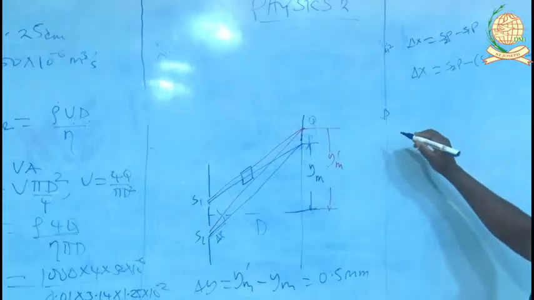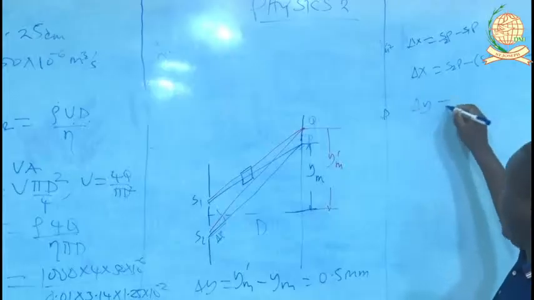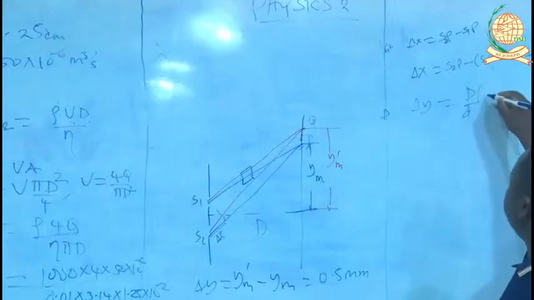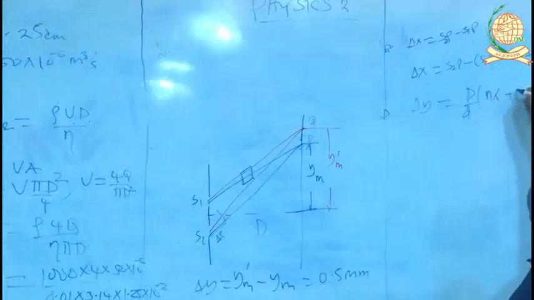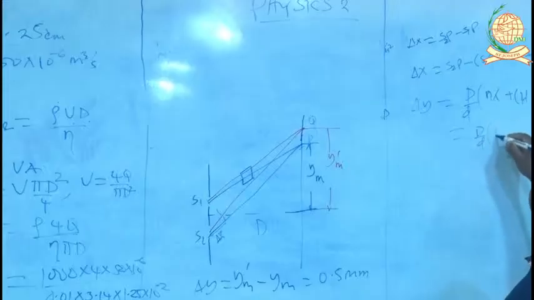So now, if you take the difference of these two, change in y, you take D over small d, n lambda plus refractive index of the material minus 1 times t, minus D n lambda over d. You end up having D over d bracket mu minus 1 times t.